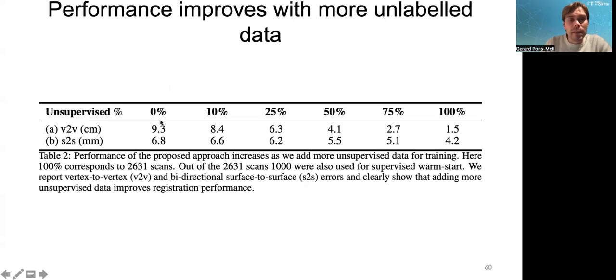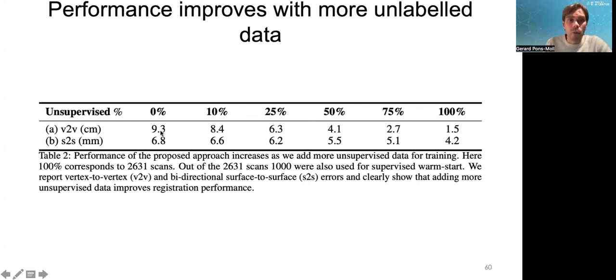And what is interesting here is that we're plotting the amount of unsupervised data that we're adding into the training process. So we start with a number of scans, I think it's about 1,000 scans as the supervised training set, and then we complement this supervised training set with unsupervised data, and we keep increasing from 0%, which would be only supervised data, to 10% up to 100% of the data.